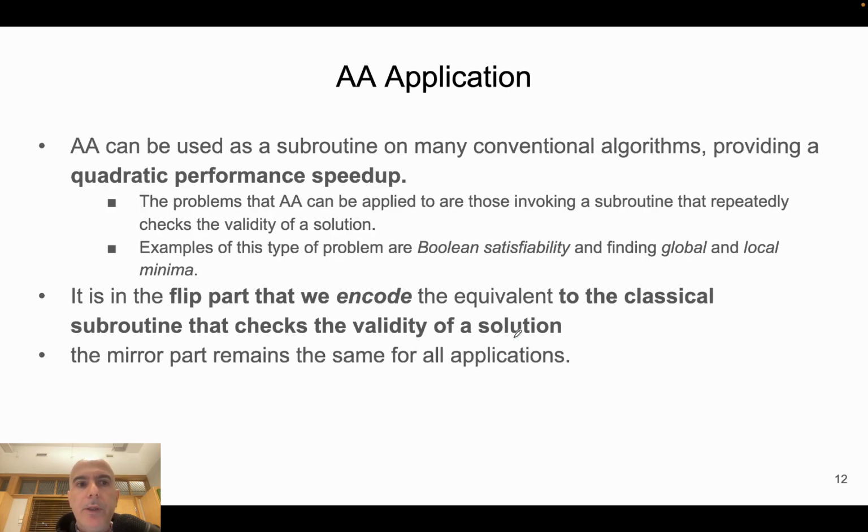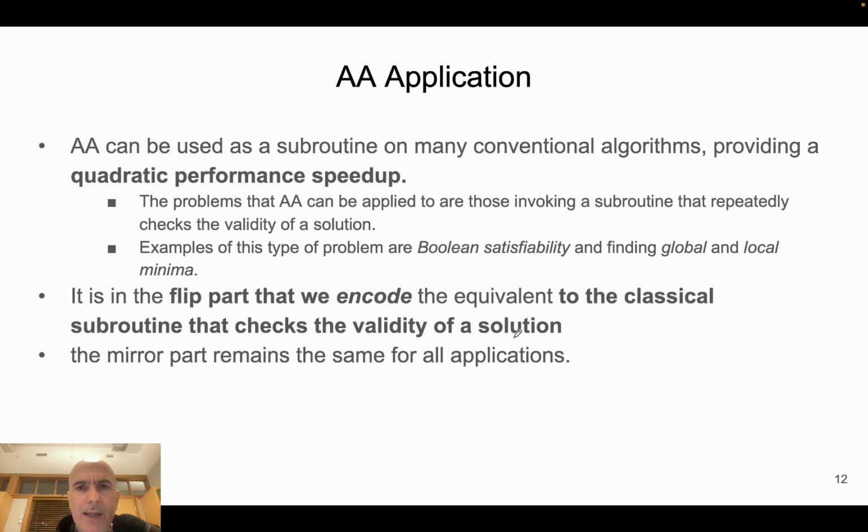The amplitude amplification iteration can be used as a subroutine in many algorithms, most importantly the Grover algorithm, or the quantum search algorithm, and will provide a quadratic performance speedup with respect to classical algorithms. The problems that amplitude amplification can be applied to are those invoking a subroutine that repeatedly checks the validity of a solution, a so-called oracle.